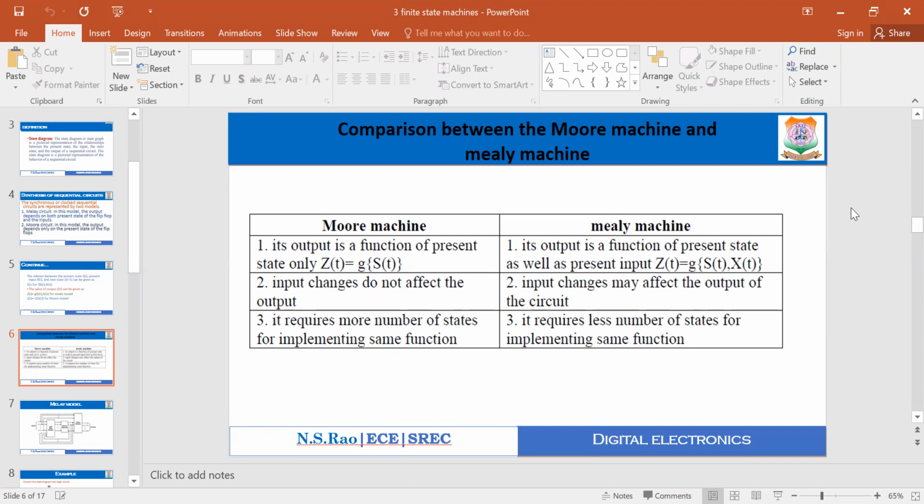In Moore, the output does not depend upon the input value, so even if the input changes, it does not affect the output value here. In Mealy, whenever the input changes, it immediately affects the output value. And Moore requires more states, whereas Mealy requires fewer states.